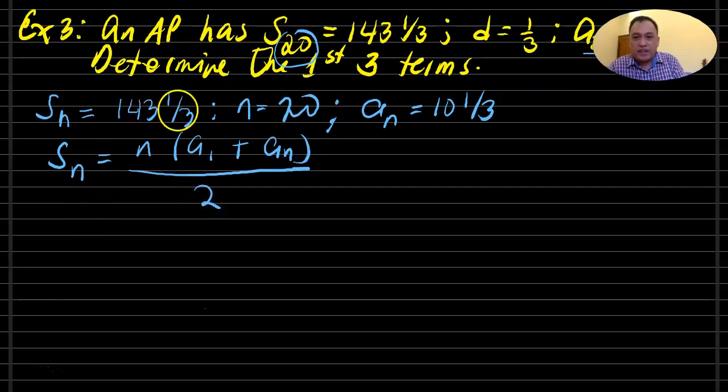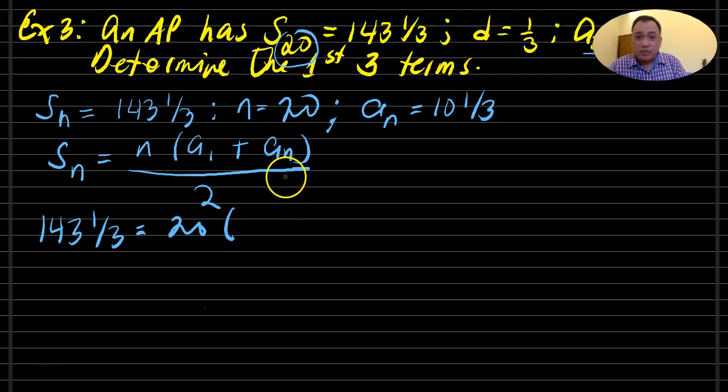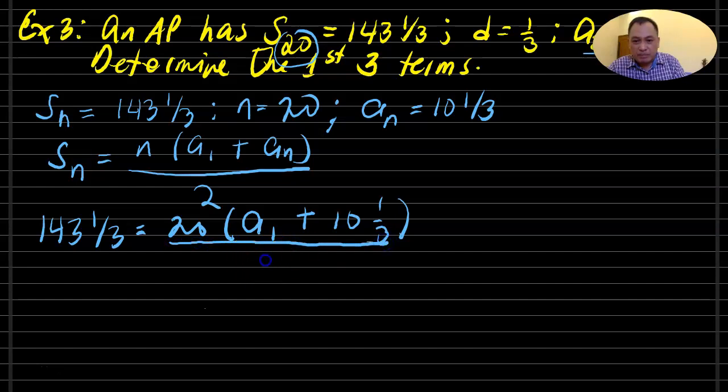So our S of n here is 143 and 1/3, which is equal to 20 terms, which is 20 multiplied by the first term. What do you think is our first term? Do we know it? No, we don't know our first term, so just write it as A1. And then, do we know our last term? Yes, we know. It's going to be 10 and 1/3. Okay, let's divide this by 2.